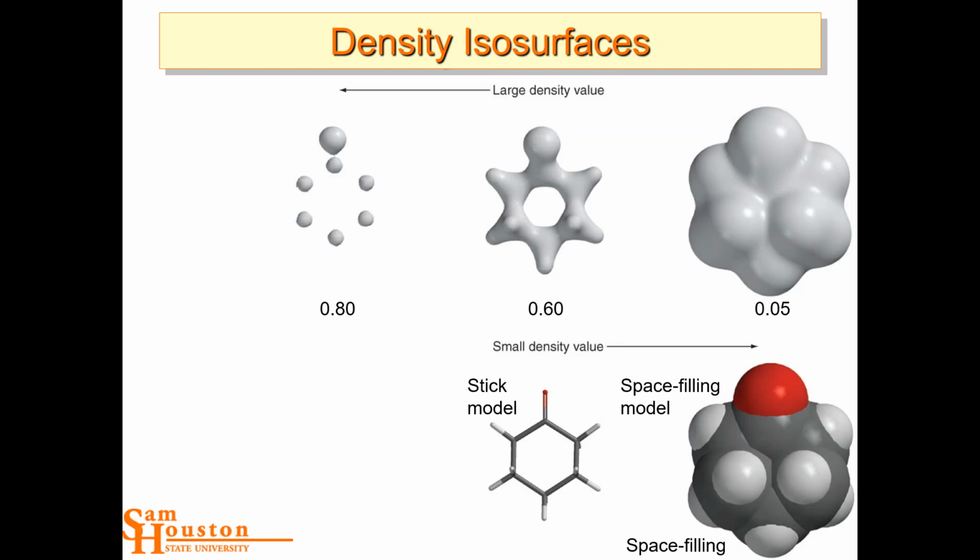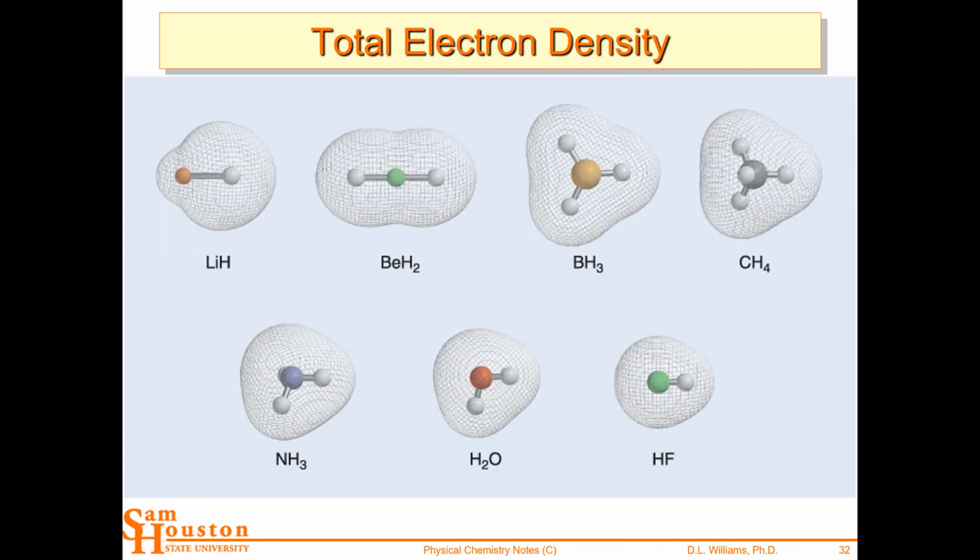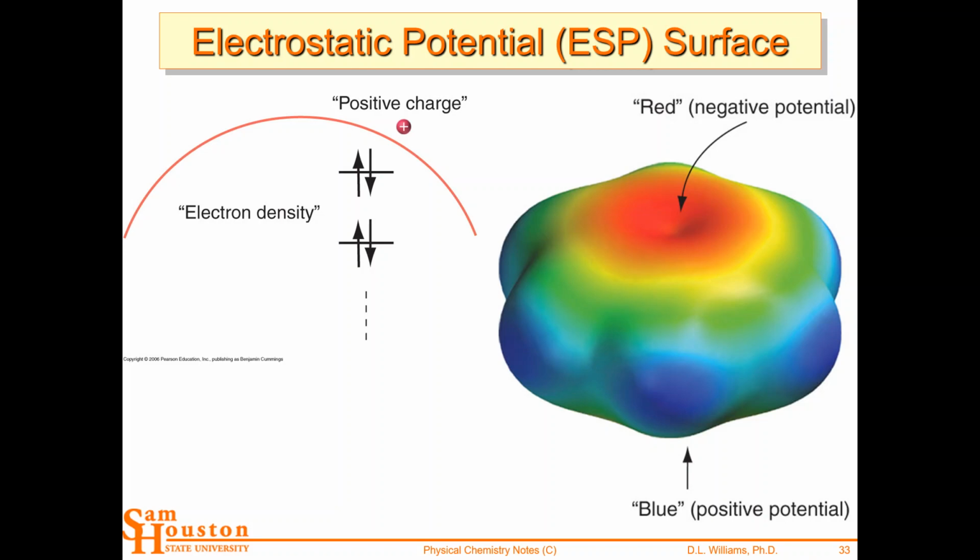So this is what I just said about containing the electron cloud. Let's go here. So if we walked around the molecule with this positive charge, it would be attracted or repelled in different regions of the molecule. So this is the total electron density surface, but then the electrostatic potential has been mapped on top of it.